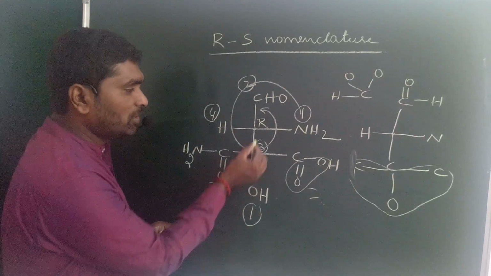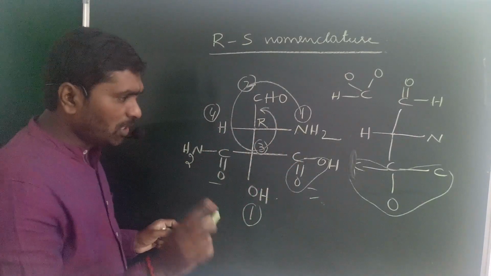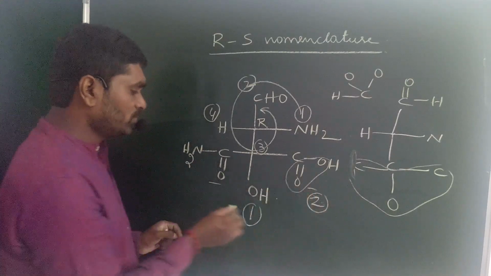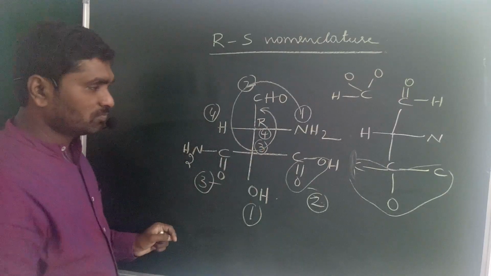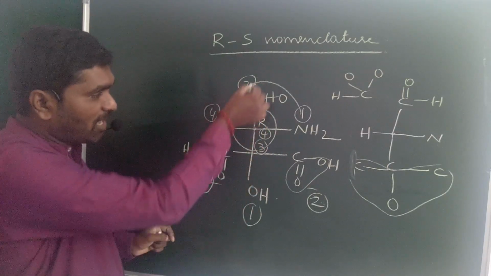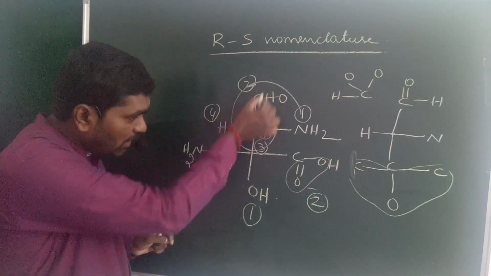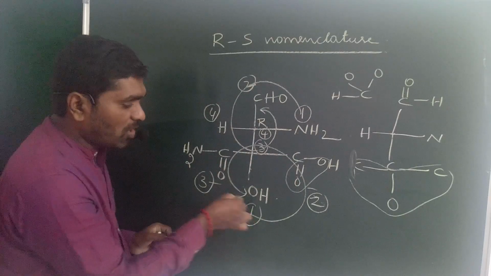Next one, the carbon above the plane is bonded with hydrogen and nitrogen. So that means second priority group, third priority group and fourth priority group. The fourth priority group is present on the vertical line, and the remaining groups 1, 2, 3 go in the anti-clockwise direction.